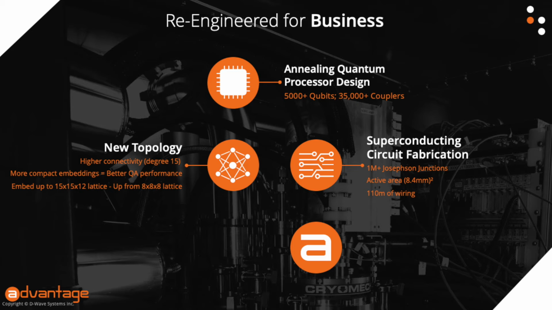In the fabrication, there's over 1 million Josephson junctions, and that in itself is an interesting thing to consider, that the whole idea of a Josephson junction only goes back 45 years. It's kind of interesting that we've got something that has so many. And as I mentioned, the new topology will offer much better embeddings, which I'm going to show you coming up. And you'll be able to embed much more complicated problems.